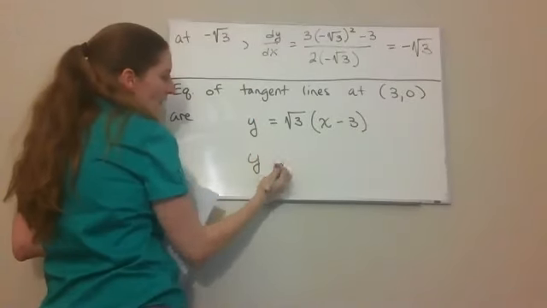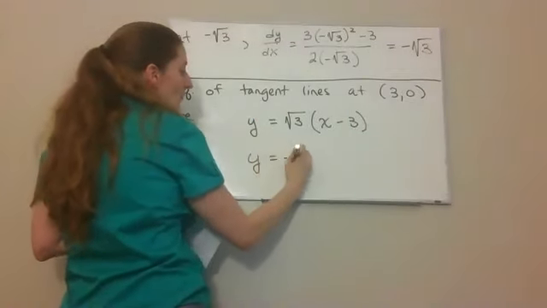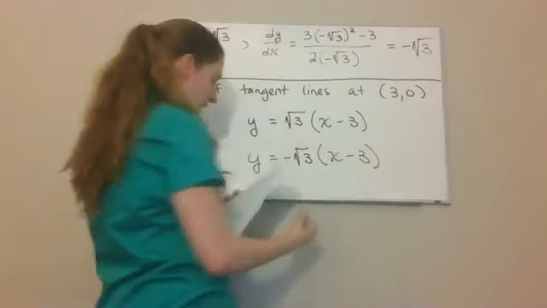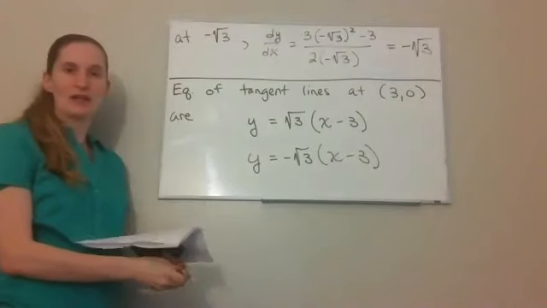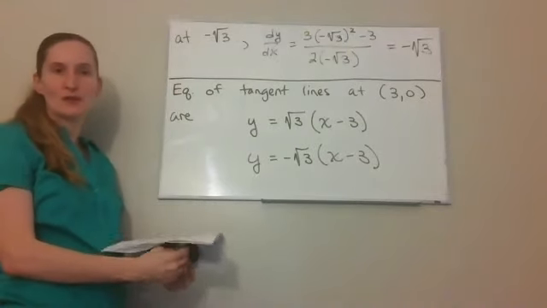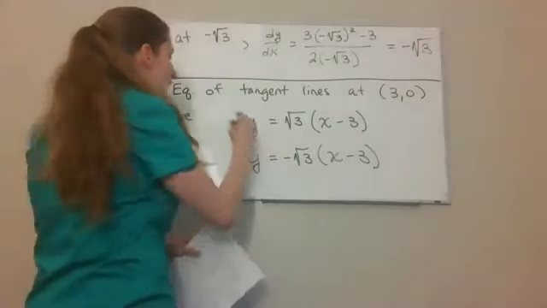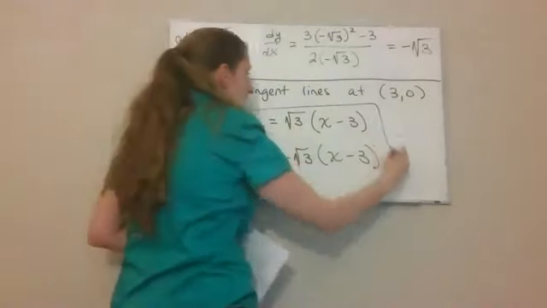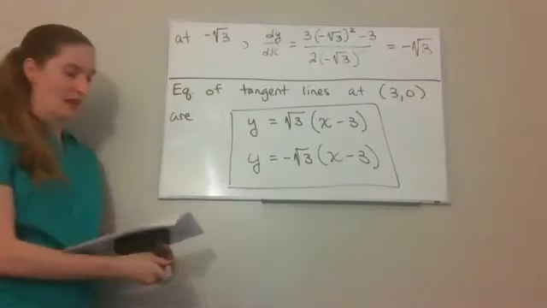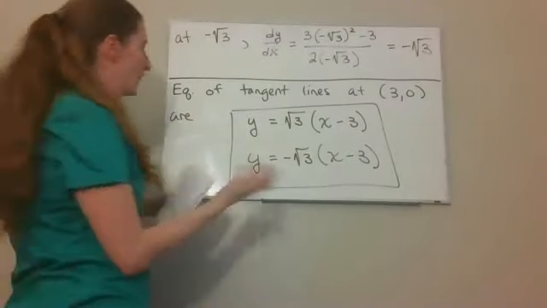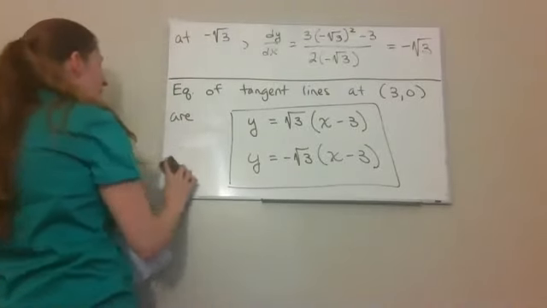And so my other one is also y minus 0 equals my other slope times x minus 3. That's in point slope form. If you wanted to distribute, you could. I personally wouldn't bother. I would just leave it in point slope form. So I have these two tangent line equations at the same exact point. All right, so we found our first tangent lines of a parametric curve.